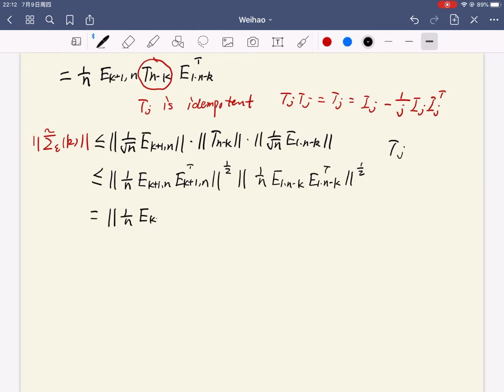By symmetry, we can only keep one term because the other term is exactly the same.